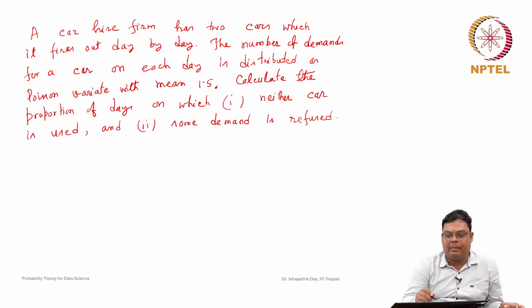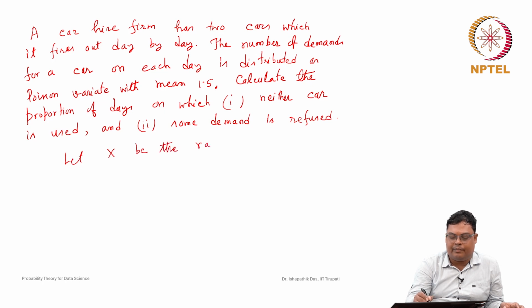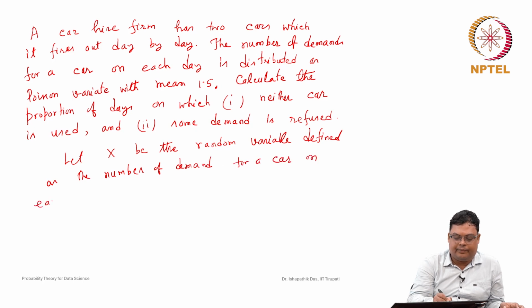So, you can see this problem. A car hire firm has 2 cars which it hires out day by day. The number of demands for a car on each day is distributed as a Poisson distribution. Let X be the random variable defined as the number of demands for a car on each day.